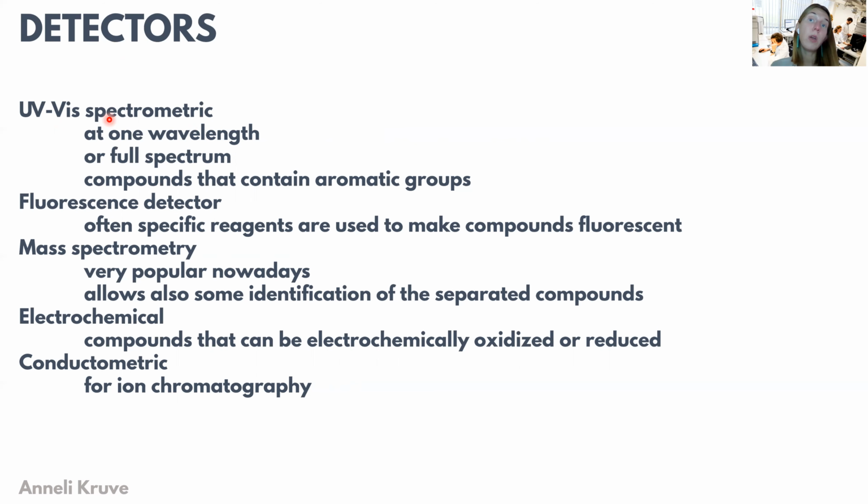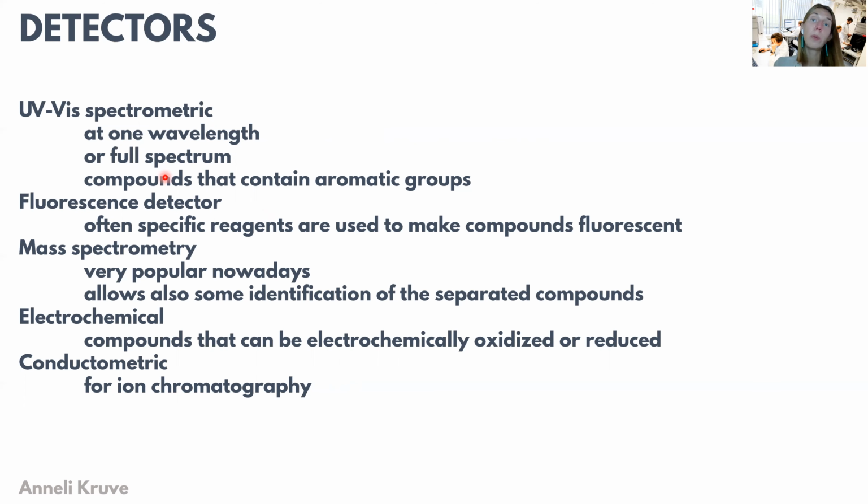It can be a one wavelength detector, or a detector where we can choose one wavelength to detect the compounds. It can also be a full spectrum detector, based on the diode array device, which allows us to detect the full spectrum. So we can get also somewhat qualitative information, as much as the low selectivity of UV spectroscopy allows.